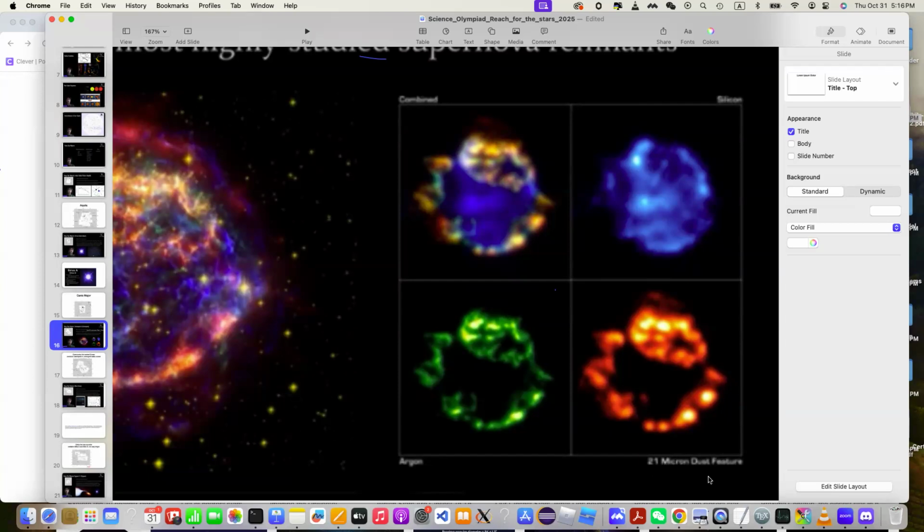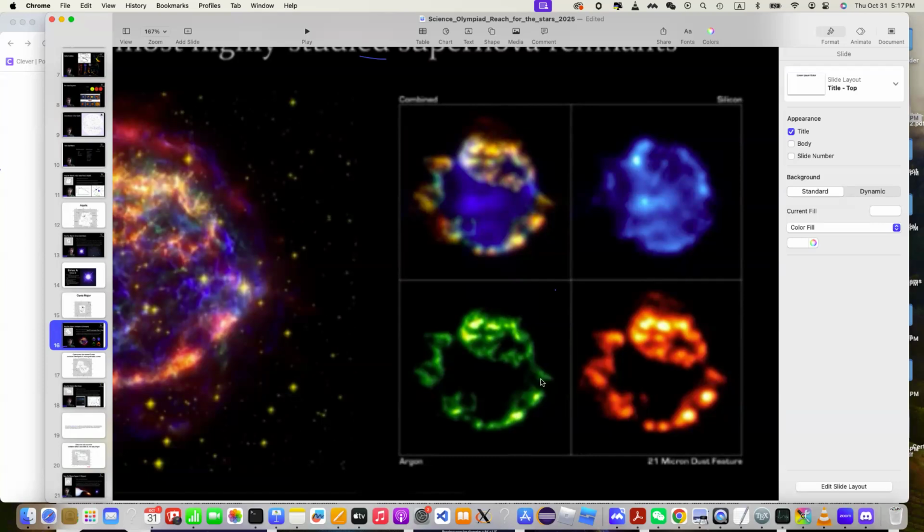It is related to dust because when dust is pretty warm, like hundreds of Kelvin, it will emit in the mid-infrared and be very bright at these wavelengths. You can see that the argon line and the 21 micron dust emission correlate with each other, so they are tracing the dust.